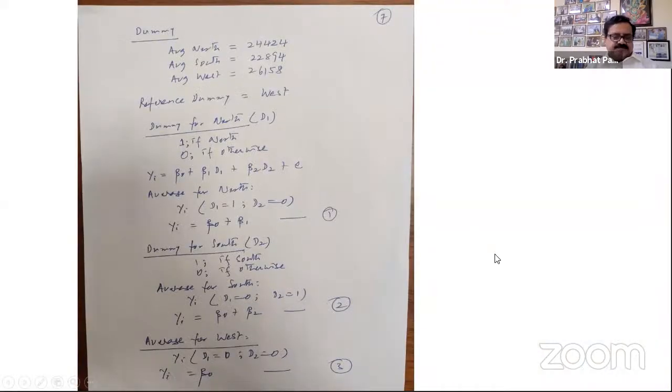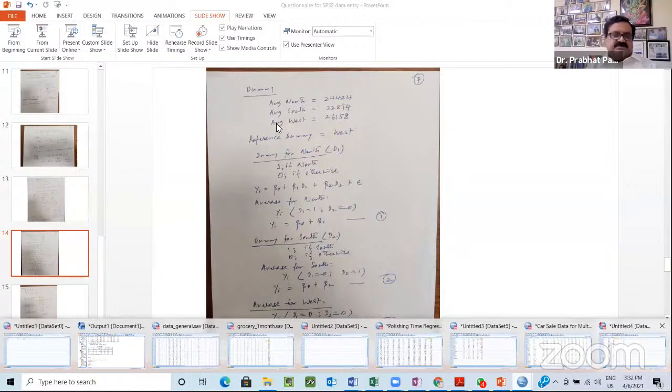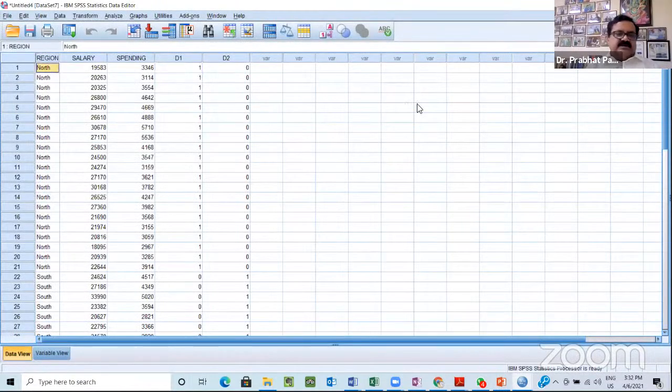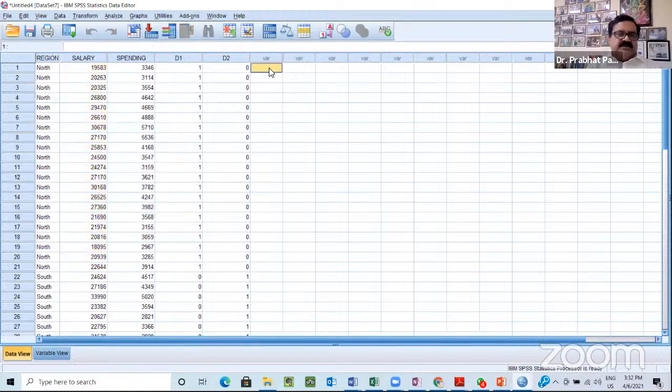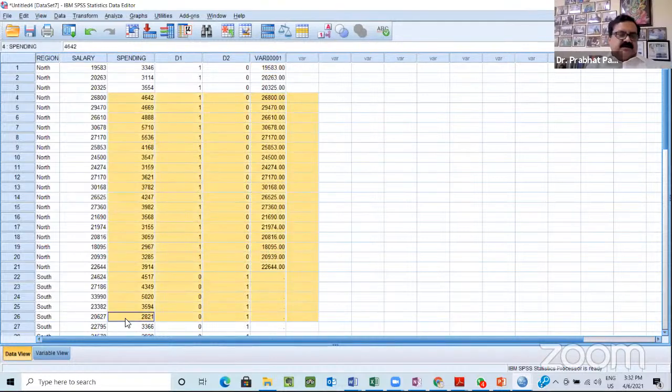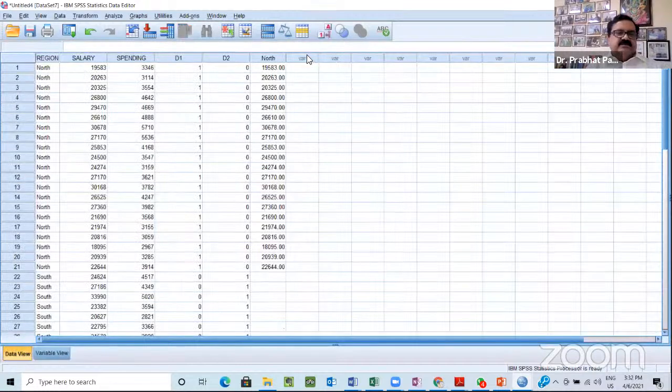I'll just show you the calculation of average salary for the 3 regions. To calculate the average salary for the north, I'm creating data for the north. I'm taking these salaries for the north, up to this point. I'm copying this and putting it over here and calling it north. So there is another variable I have created as north, and these are the salaries for the north.